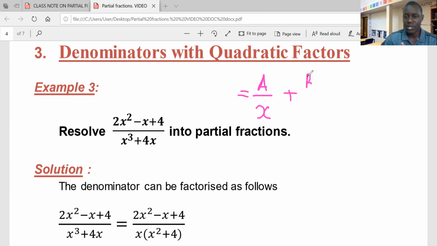We take the numerator as bx plus c over x squared plus 4. So the quadratic factor part will take the numerator bx plus c. That is how we split the fraction that is given to us, and then we go on to simplify and work out the values for a, b, and c. Now let's see how that goes.